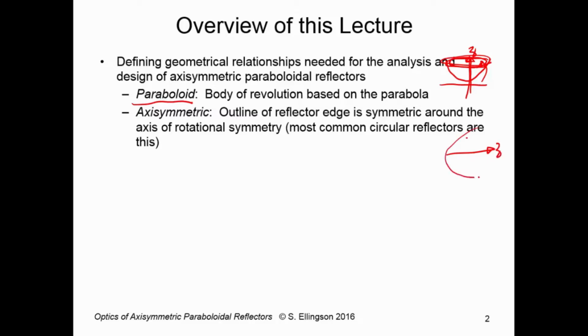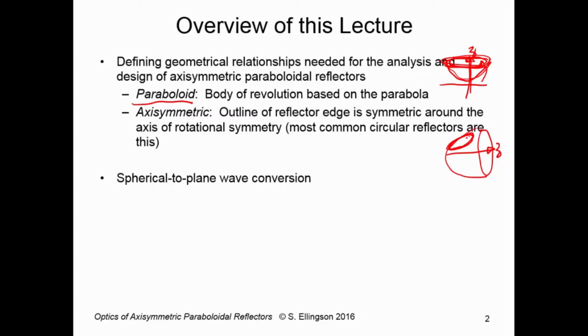Here is a paraboloid, which is axisymmetric, but I might just take a section of the paraboloid up here. Now that is certainly a paraboloidal reflector, but we call this offset as opposed to axisymmetric because the shape of the reflector is not symmetric around the axis of rotational symmetry. Most common circular reflectors are axisymmetric in this sense.